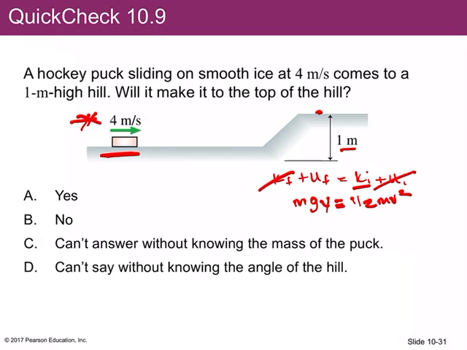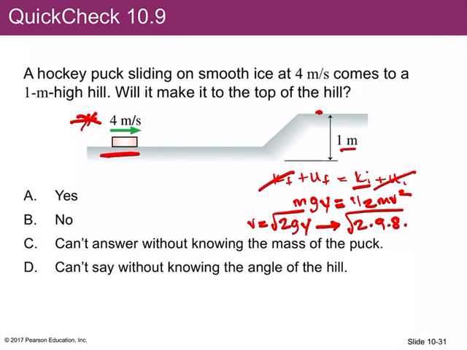Okay, so let's plug some of this stuff in. We are trying to figure out if this velocity right here will work. All right, so let's go ahead and solve for velocity then. If we solve for velocity, it's the square root of 2 times gravity times y.